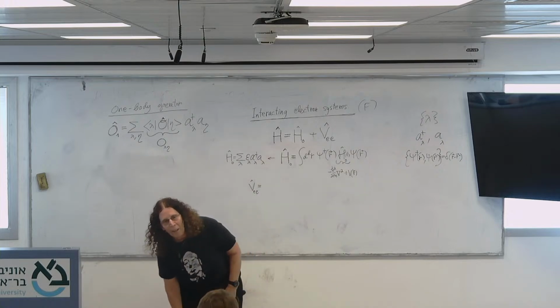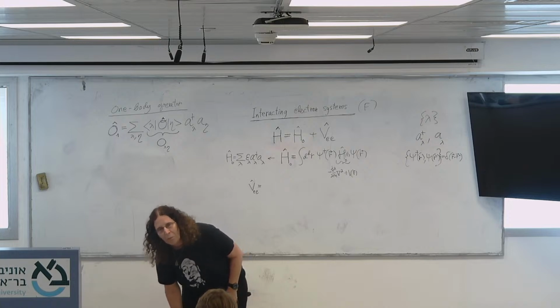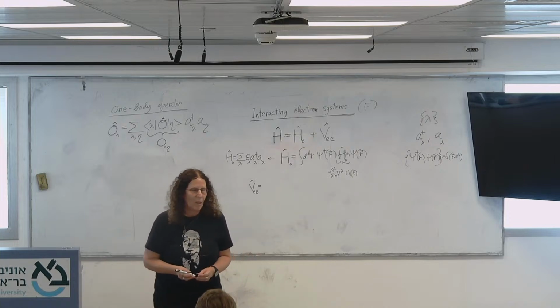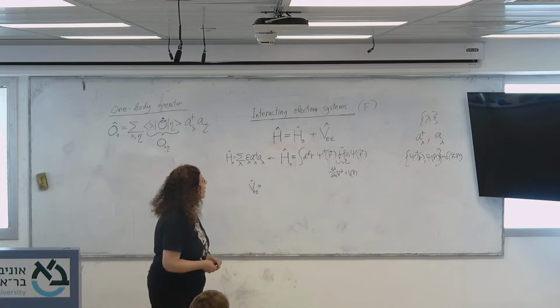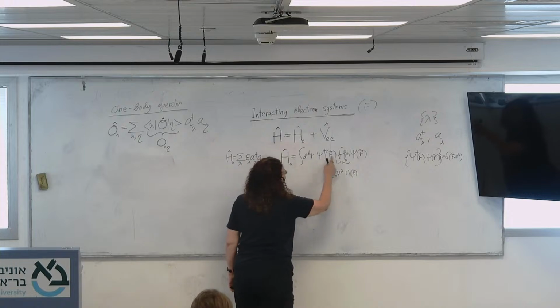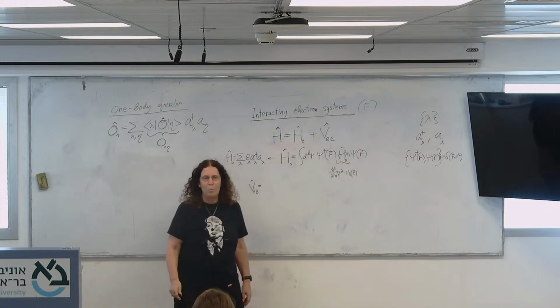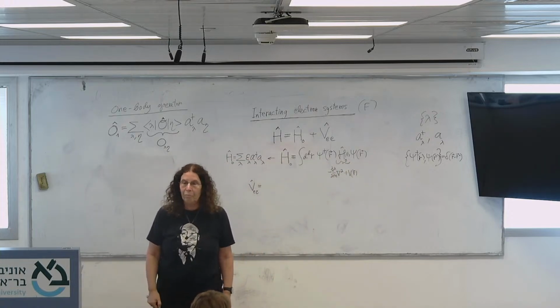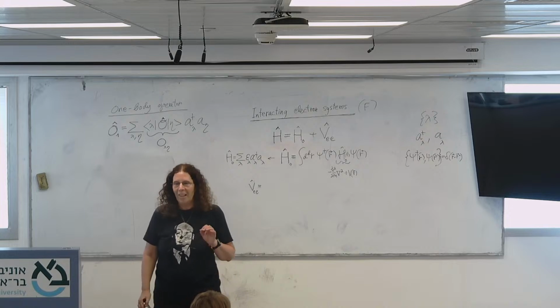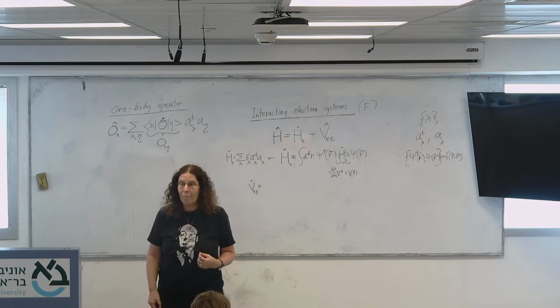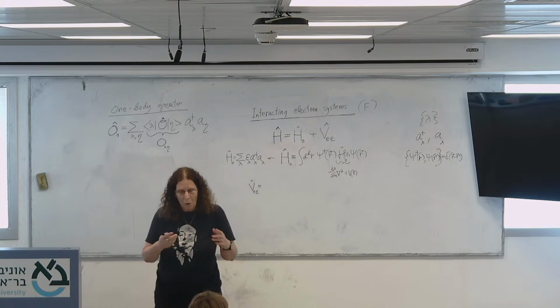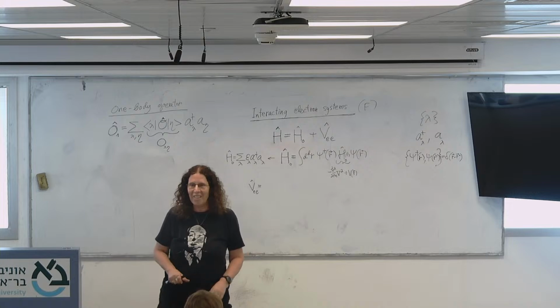I'm talking about electrons. Very, very important. I'm talking about the operators psi, what is the problem with them? Okay, I'm missing something. Okay, so sorry, this is my mistake.